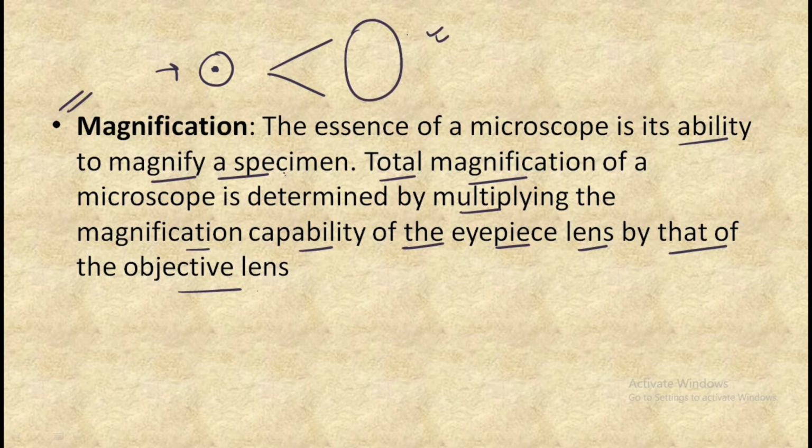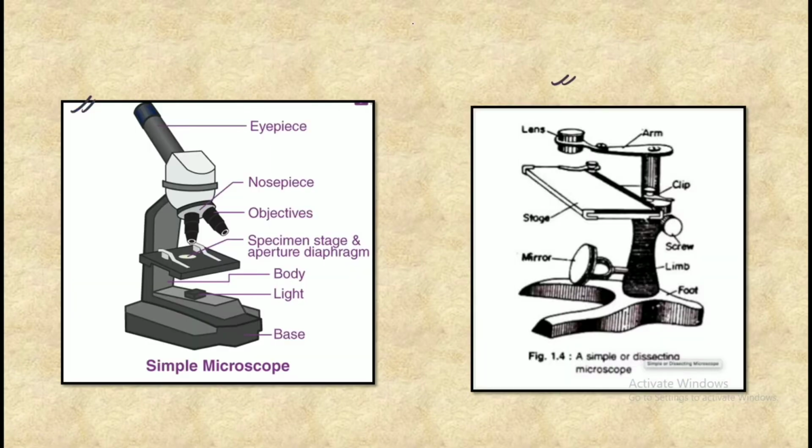When we need to calculate the total magnification of a microscope, we have two important subparts, the eyepiece and the objective.